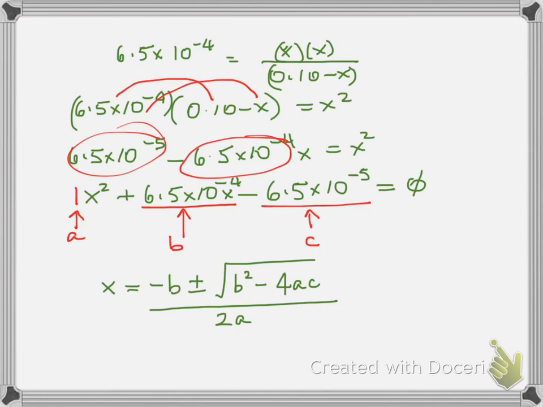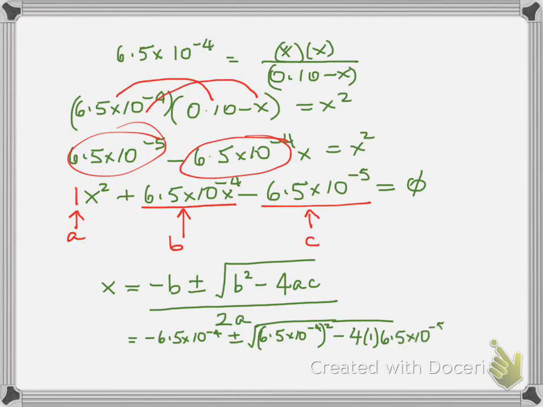Okay, let's see if I can fit this on this last screen. Putting in the numbers, minus b is minus 6.5 times 10 to the minus 4, plus or minus the square root of 6.5 times 10 to the minus 4 squared, minus 4 times a, which is 1, times c, which is 6.5 times 10 to the minus 5, all over 2 times a, which is 1.